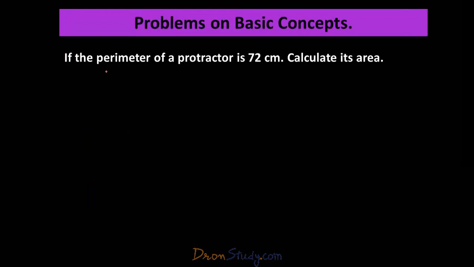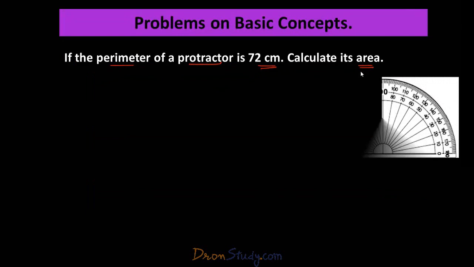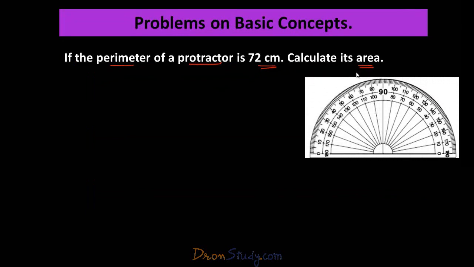So here is the first question: if the perimeter of a protractor is 72 centimeter, calculate its area. This is a protractor and the perimeter of this protractor is given as 72 centimeter. Now let us see what is the perimeter.